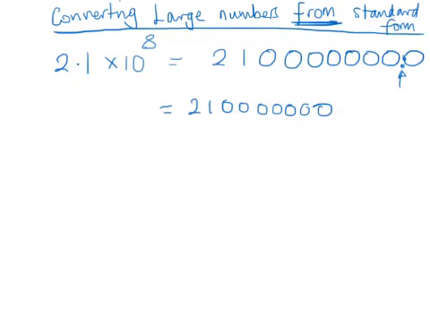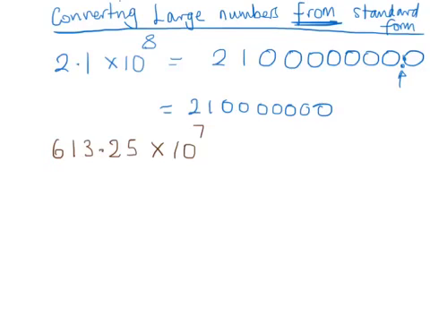Let's have a look at 613.25, which actually isn't a number in standard form, is it? Because the number before the decimal point is not between 1 and 9, so it's not really in standard form.